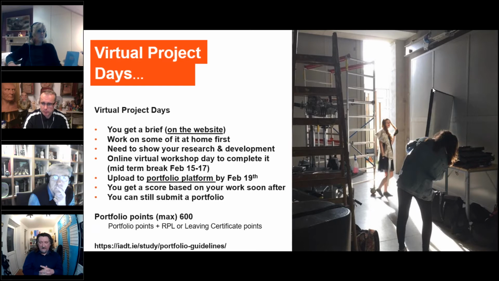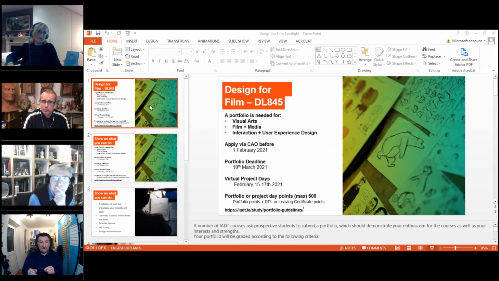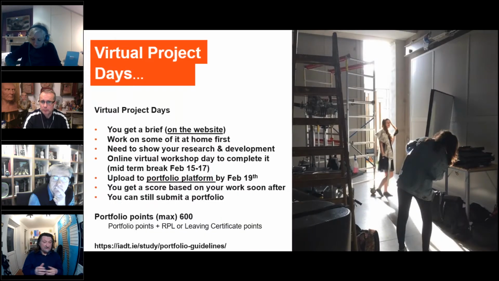Just to clarify as well, because I may have skipped over it briefly, the amalgamation of programs that led to this Design for Film program are the 3D design, model making, and digital art, and a suite of programs called Design for Stage and Screen, which were production design, costume design, and makeup character design.